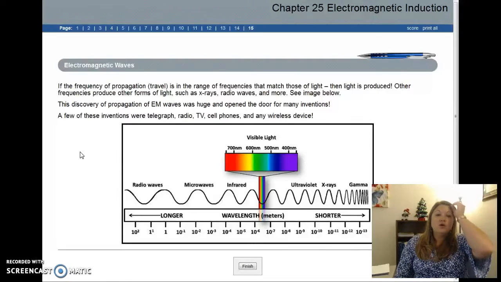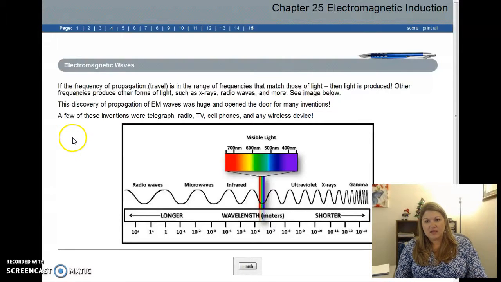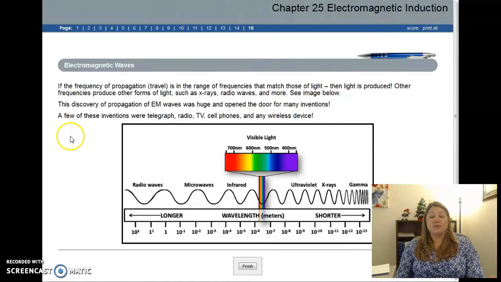Now, any wireless device you can think of uses electromagnetic waves. Well, light is electromagnetic. All light is electromagnetic radiation. If we are producing an electromagnetic wave that has the same frequency as visible light in this spectrum, then we can see it. But if it's low frequency, then we may be down here in radio and TV land.